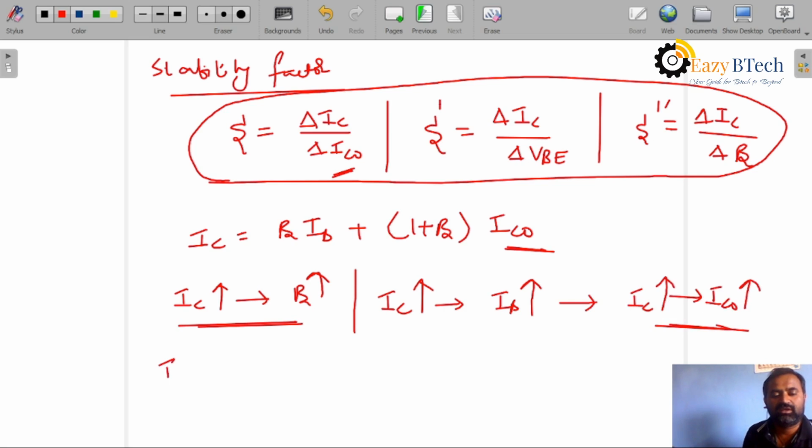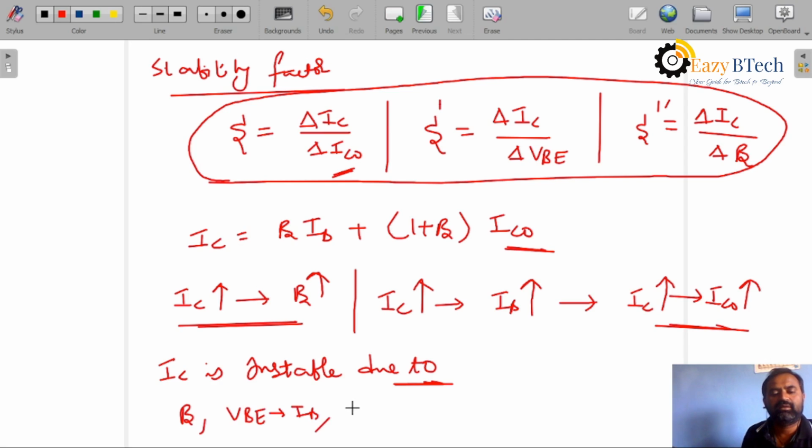That is why IC is unstable due to beta, VBE, IB and IC naught. These parameters make the collector current unstable.